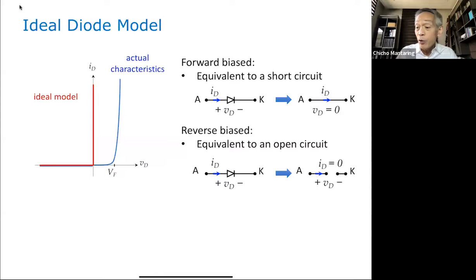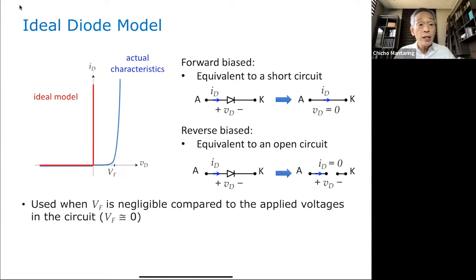The current is equal to 0. So that is this line here. So again, we break the diode up into two regions of operation, one forward biased, the other reverse biased. For each region of operation, we have an equivalent circuit. In the forward bias, it's a short circuit. In the reverse bias, it's an open circuit.